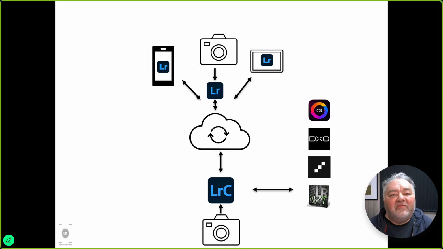DxO, Silver Efex. Lots of people like the recipe of Silver Efex for doing black and white. Well, with Classic, you can quite easily right-click, edit in. It will take it to that application, and there's a hook where you just press save in that application, and it brings back the file and puts it next to the original file in Classic. So it's a digital asset manager. And of course, you can do that in Photoshop.